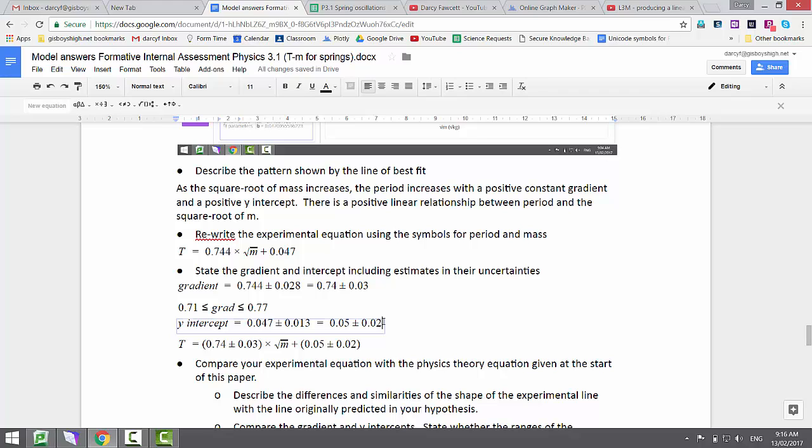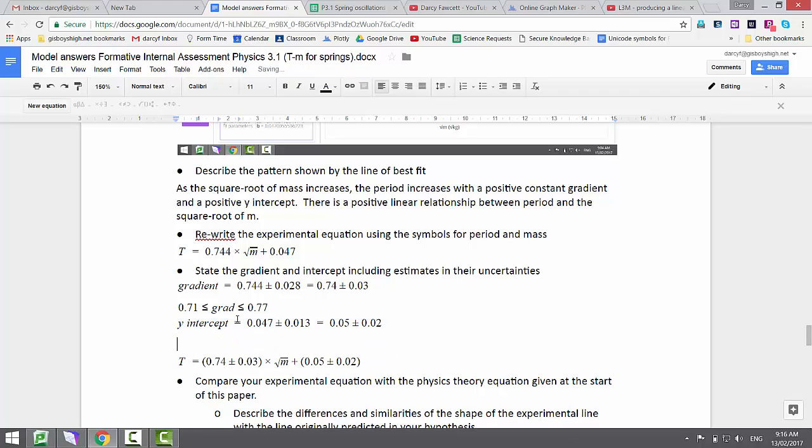What about our y-intercept? So let's copy that there to make it easy and change that to y-intercept. So the smallest it could be would be 0.05, take away 0.02, which is 0.03.